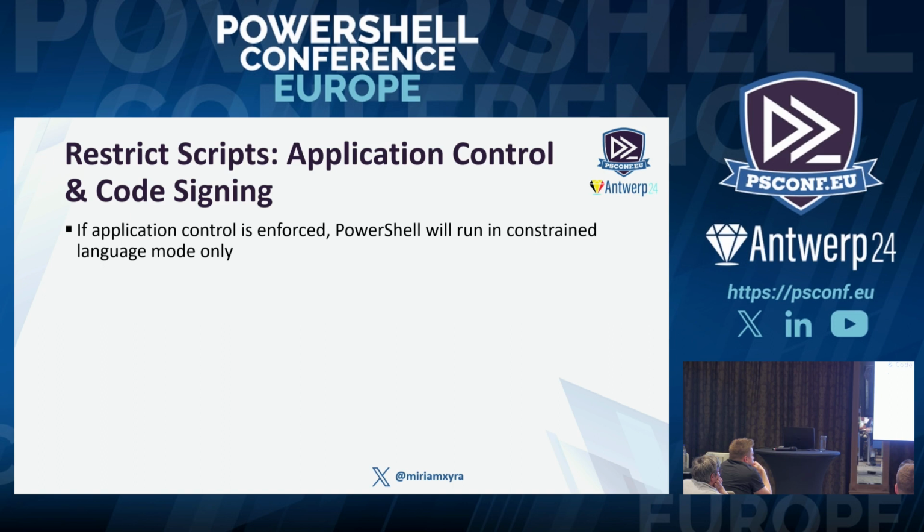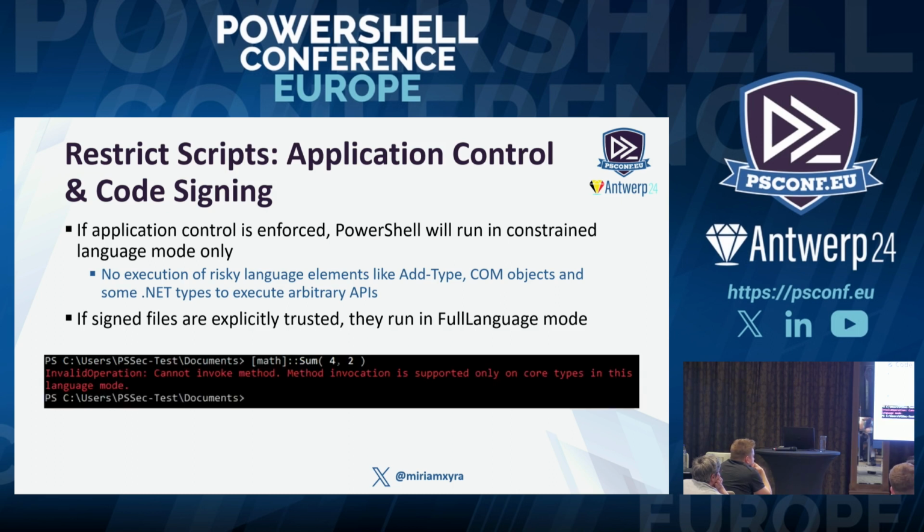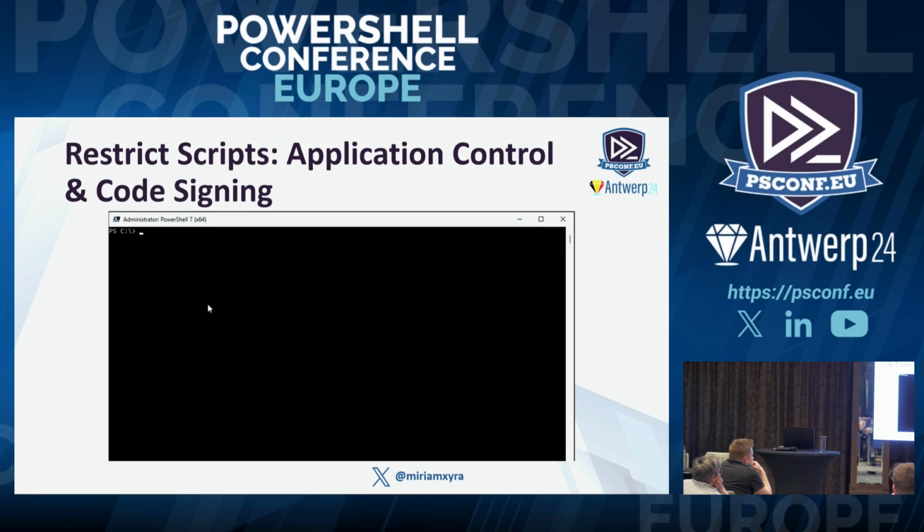Constrained language mode is enabled, the one that you saw before. That means no risky elements are executed. And if files are signed, then of course they can run in full language mode. So you see here again, with application control enabled, constrained language mode is enabled, and you cannot just run API elements. So how would that look?